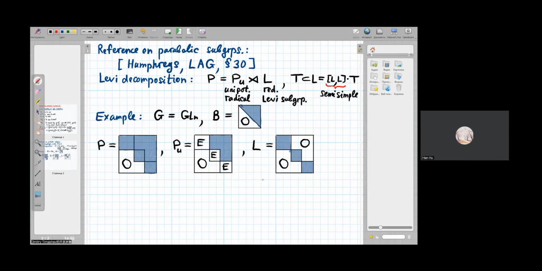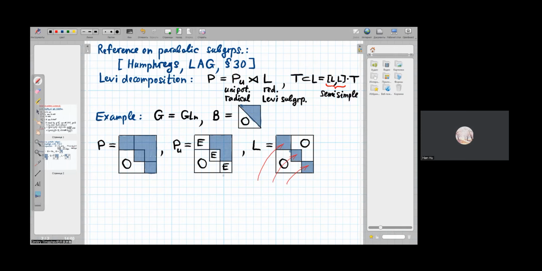You see clearly that this Levi subgroup of block diagonal matrices contains the maximal torus T, consisting of usual diagonal matrices. And the derived subgroup of L is given by the condition that the determinants of all blocks are equal to 1. So we have these diagonal blocks, this one, and this one.